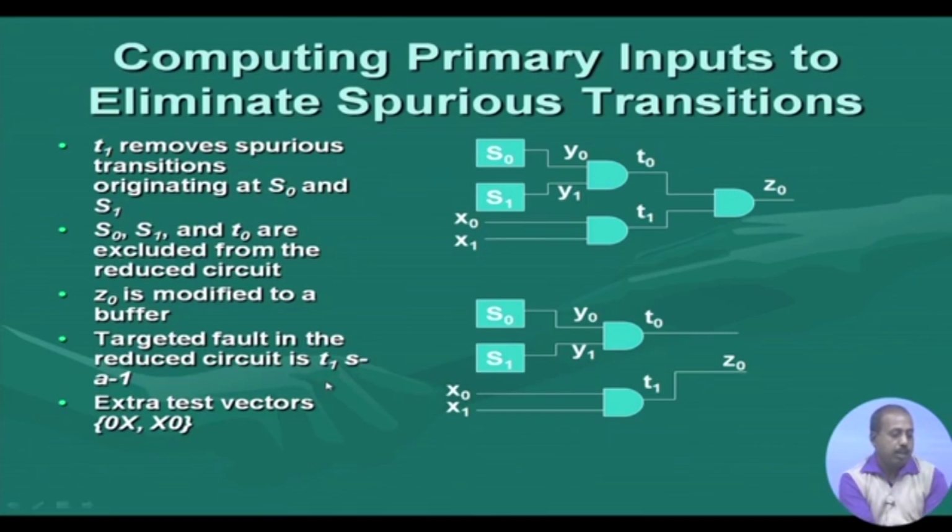We have to generate test vectors like 0x and x0, so either x0 or x1 will be set to 0. ATPG can help us in telling the setting of these extra inputs so that Z0 does not see any transition when S0 and S1 are shifting. This way we can eliminate the spurious transitions of the scan chain reaching the circuit.